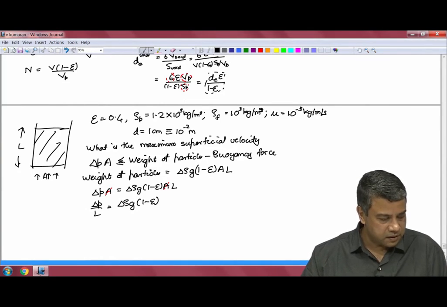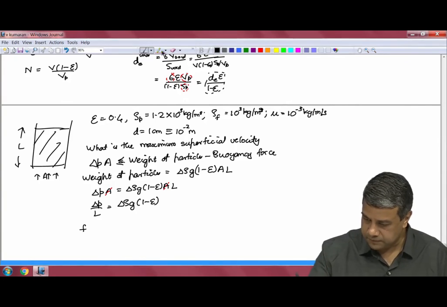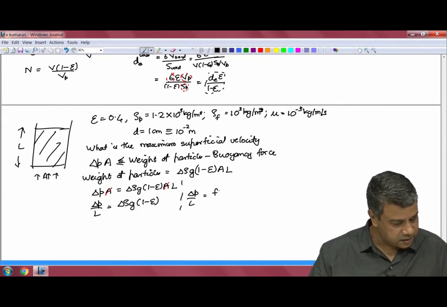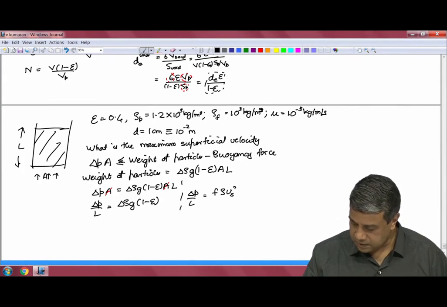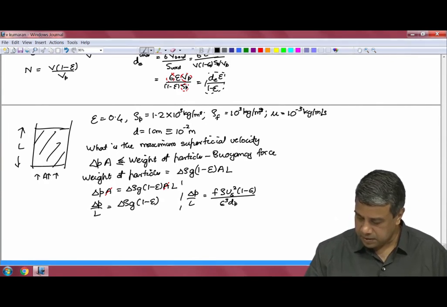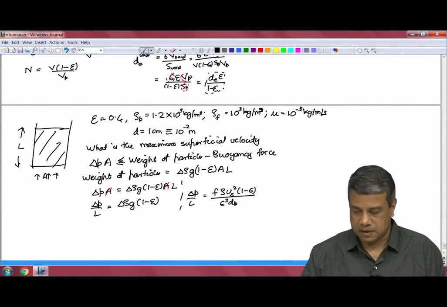If you recall, the Ergun correlation is that delta P by L is equal to the friction factor times rho v square into 1 minus epsilon by epsilon cubed times the diameter of the particles. In this case, the equivalent diameter and the diameter are the same because we assume these are spherical particles.